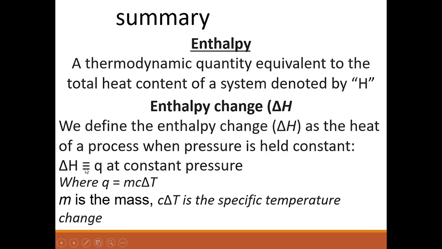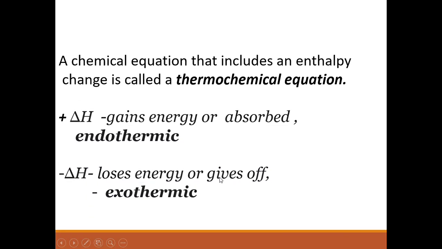Delta H is equal to Q at constant pressure, where Q is equal to mc delta T, where m is the mass, and c delta T is the specific heat and temperature change. A chemical equation that includes an enthalpy change is called a thermochemical equation.